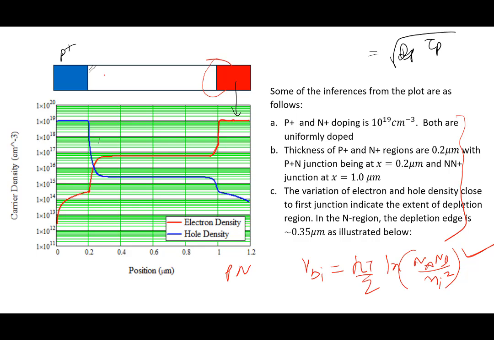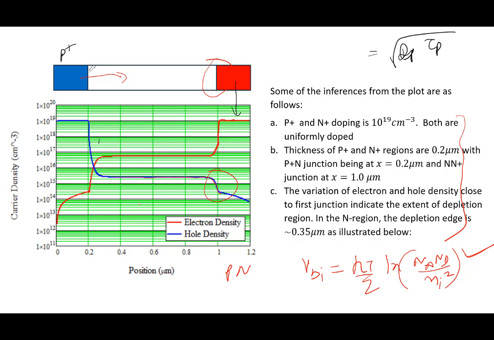The holes have been injected, right? The holes look like this, and there seems to be a sharp reduction in the hole density as you go into N plus. Why? Accumulation? A reduction, why would a reduction be accumulation? You're going into N plus, so why is the hole density sharply reducing?